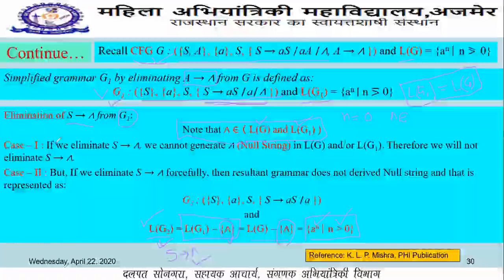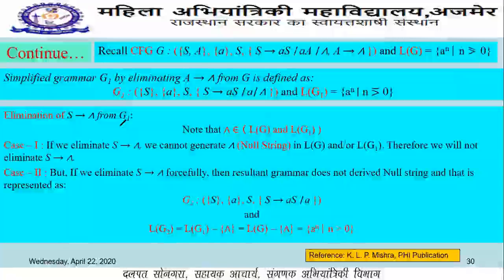So for the elimination of null production from grammar G1 or G, there are two cases. Case 1 says that we cannot eliminate S tends to null, because if we do this, then the null string cannot be generated. Case 2 tells us that if we forcefully eliminate S tends to null, then the resultant grammar does not contain the null string, and that is given like this.